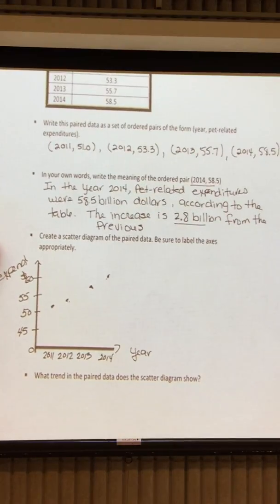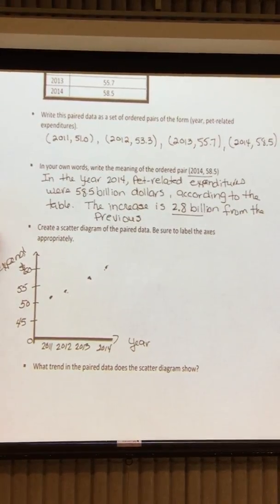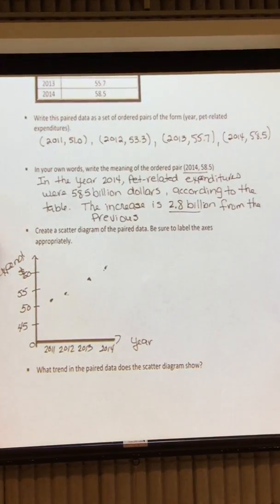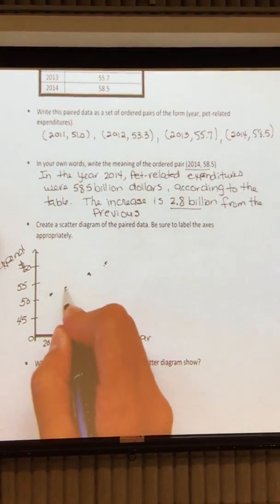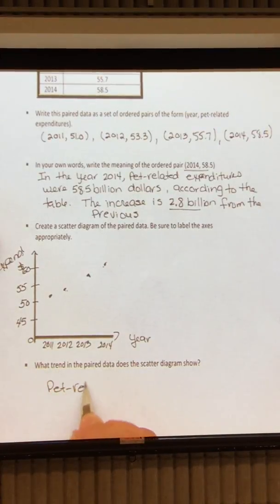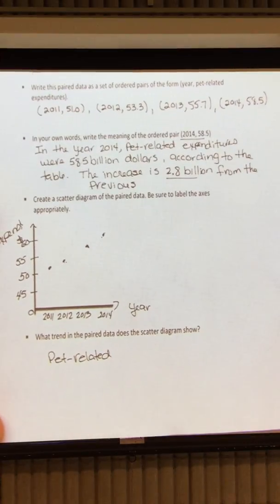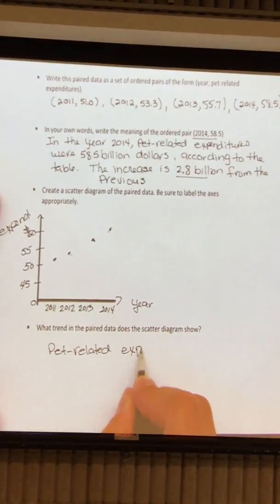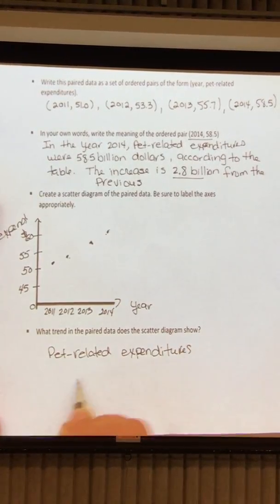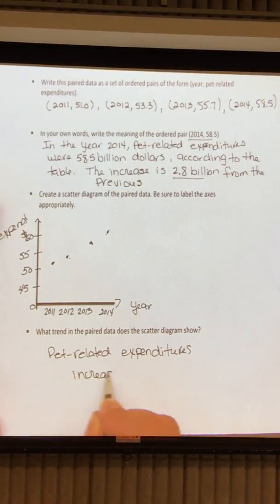What trend in the paired data does the scatter diagram show? Again, looking at all your points, there's an increase. So here you can say that pet-related expenditures increased per year.